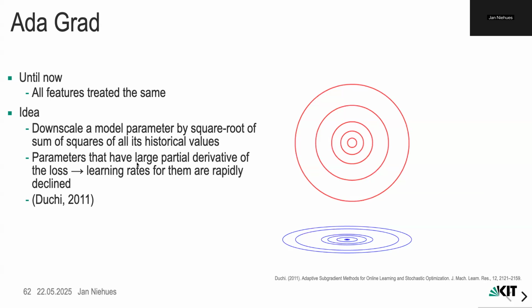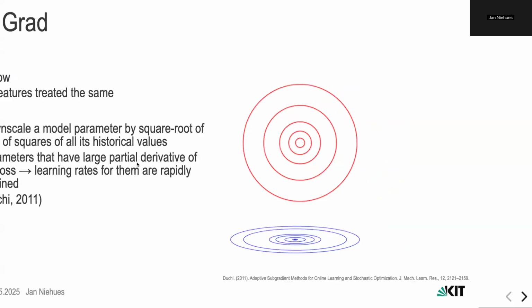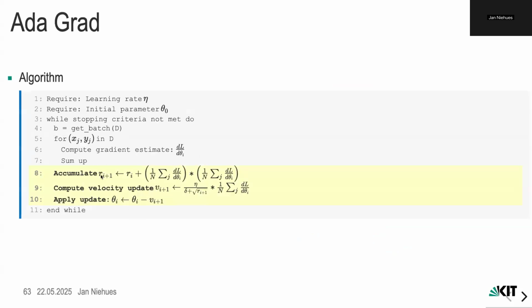And that is done with the so-called Adagrad algorithm. So now you see what you're doing is you have also R, which is just taking the square of your gradient. So this is the gradient and this is the gradient. So what you're mainly doing is saying, yeah, if the gradient is very large, maybe we shouldn't speed up as much and slow down a bit.